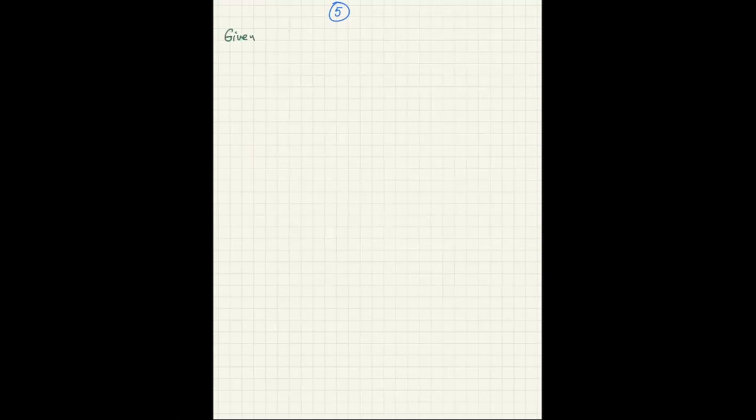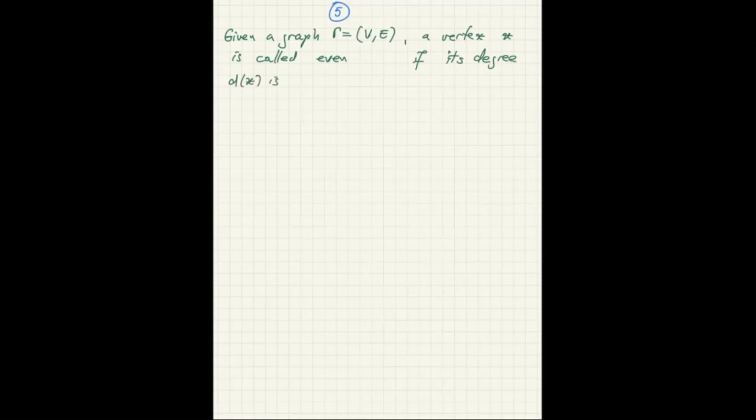Given a graph gamma = (V, E), a vertex x is called even if its degree d(x) is even.